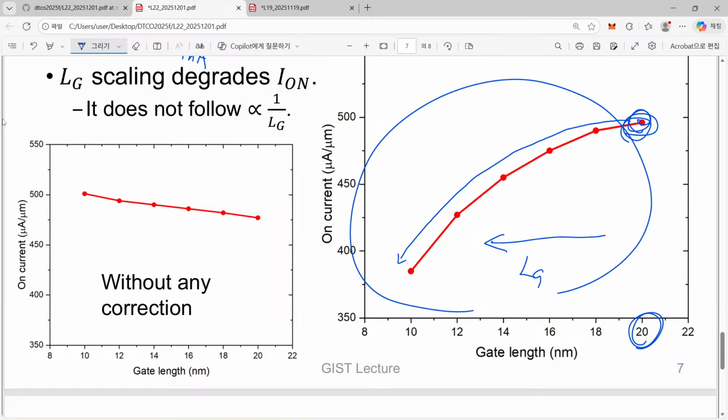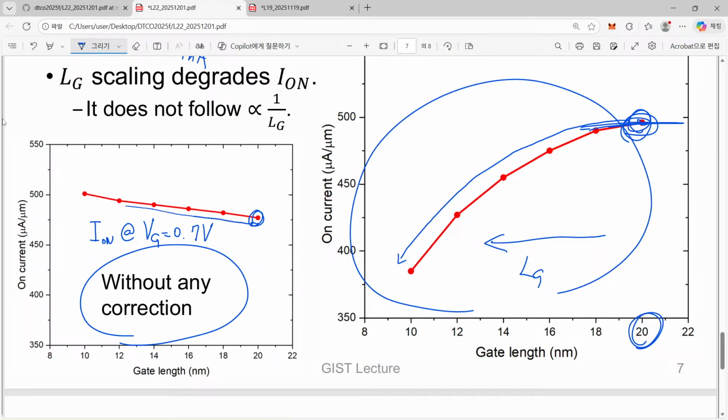So in this case, the slope is not that steep. Maybe there is a flatter part here. Please have a look at this one. If we don't make any kind of correction, if we just report on current at Vg equal to 0.7 without any change, then you can find that starting from this 20 nanometer, it actually goes up.